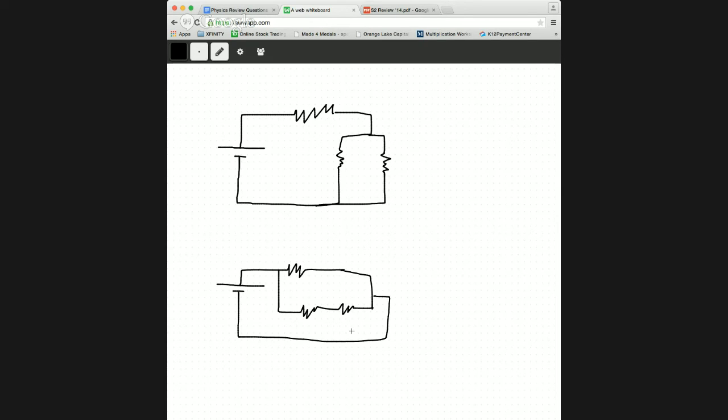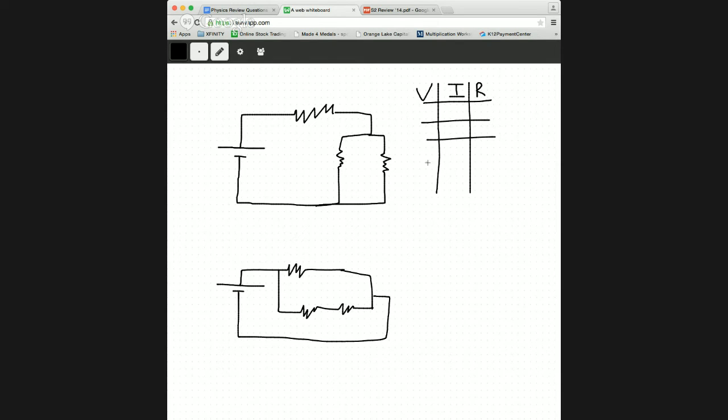We're not going to have you do anything more than that, just because of time. This is going to show us, if you use the VIR chart, that you understand the basic rules for series and parallel circuits, right?